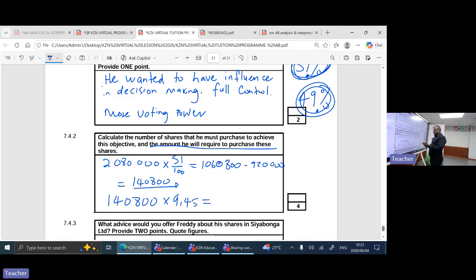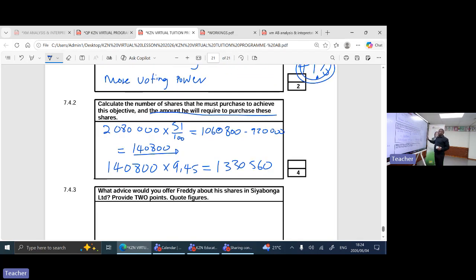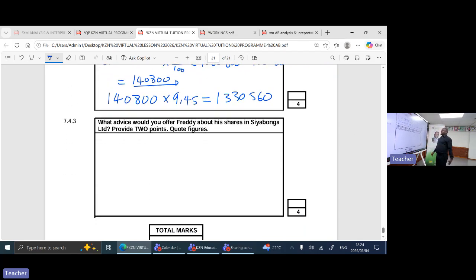So 140,800 times 9.45. It's going to be 1,330,560. This is the price he was going to pay if he decided to buy Lama shares now. Because Abe major shareholder. All right.